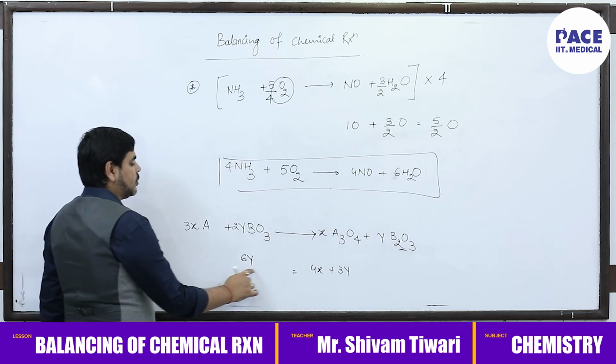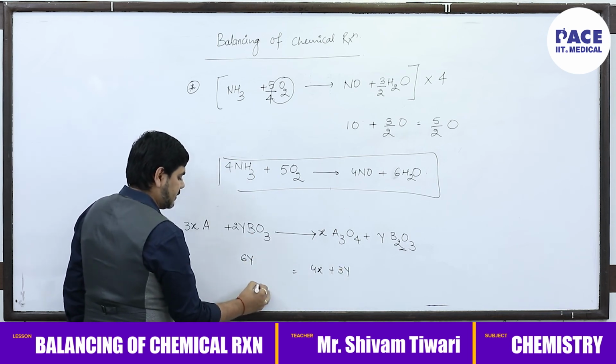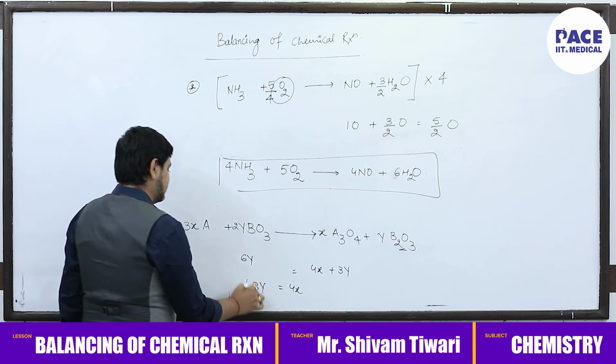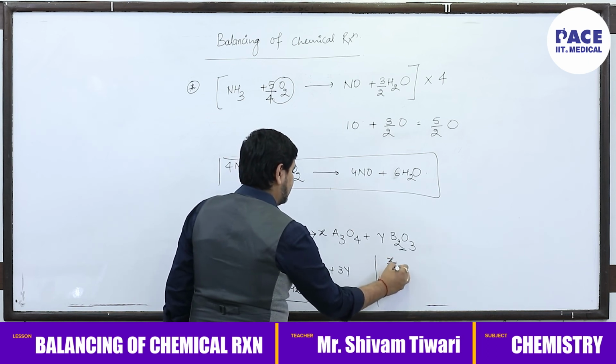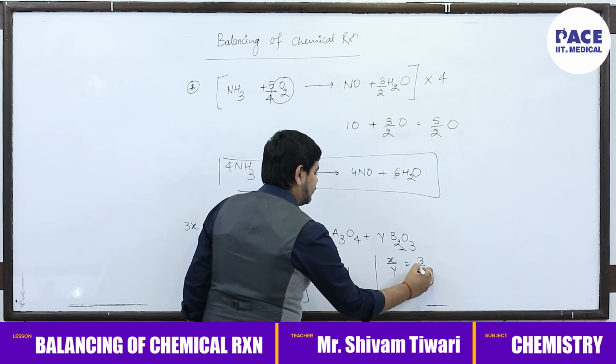Now you are able to build a relation. This 3y comes to this side, so 3y will become 4x. So now you know the relation that x divided by y is 3 by 4.